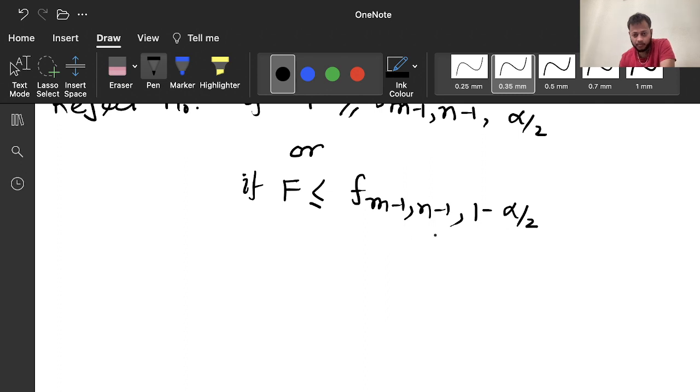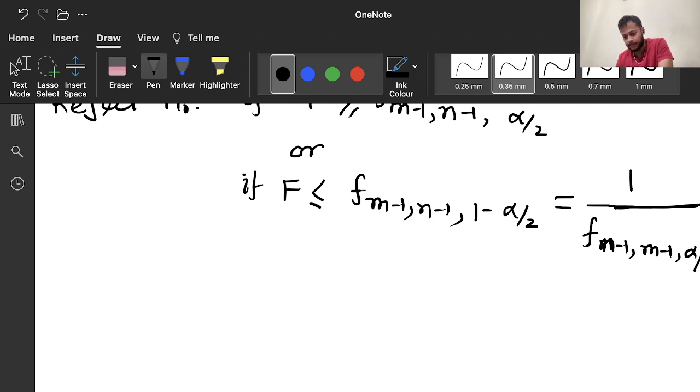And from the property of the F distribution we know this is equal to 1 by F of n minus 1, m minus 1, alpha by 2. This is the case for the two-sided test.